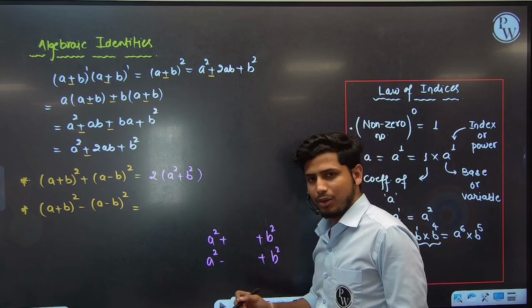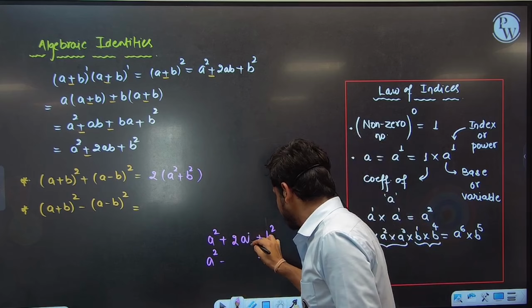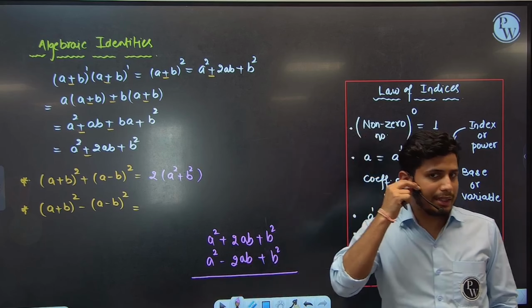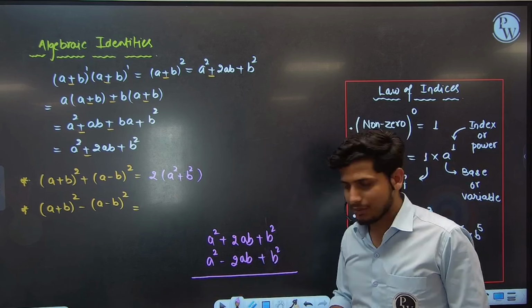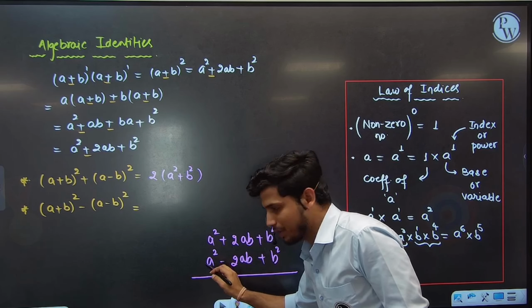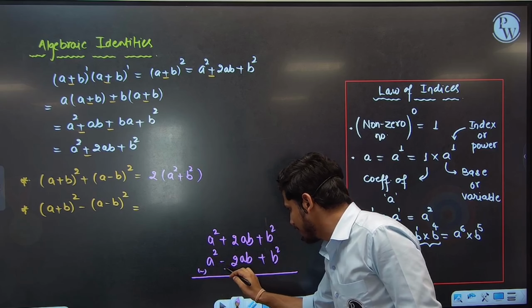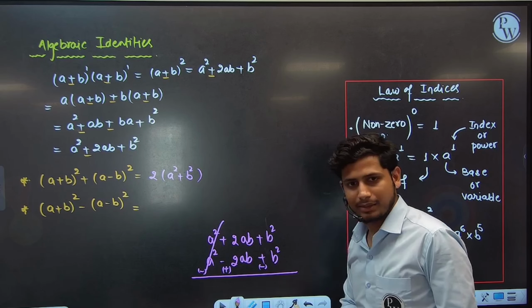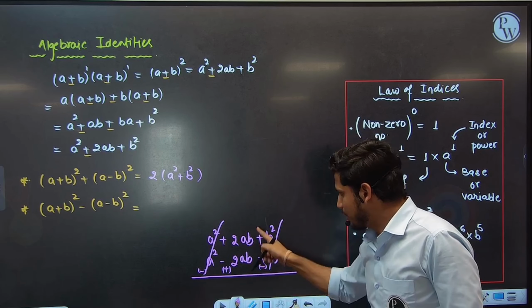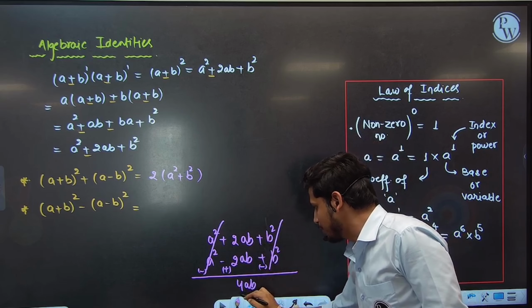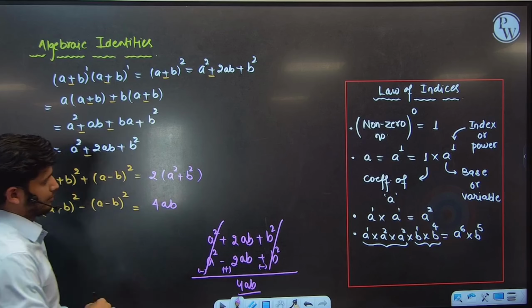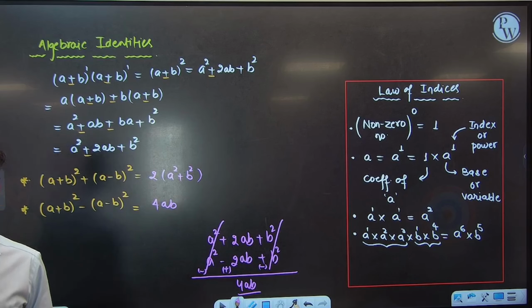Now we want to subtract it. When you subtract, then the sign will be changed. So here is positive a square but for negative, and here positive and here negative. Now a square cancels and 2ab plus 2ab is 4ab, so 4ab is the correct answer. 4ab is the correct answer.